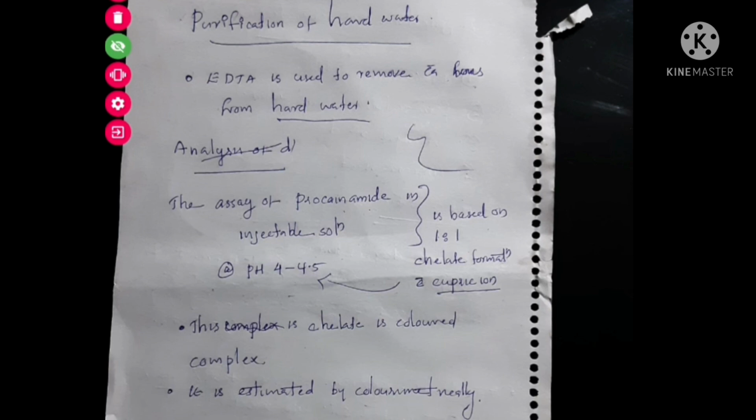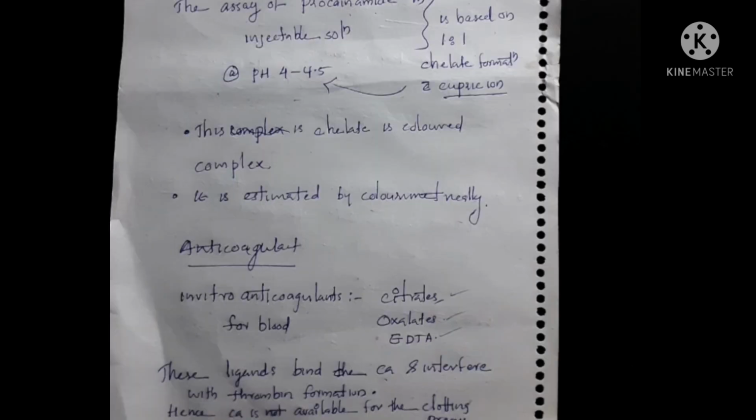This assay is based on 1:1 chelate formation with cupric ion, carried out at pH 4 to 4.5. The formed chelate is a colored complex, so we can estimate it colorimetrically.